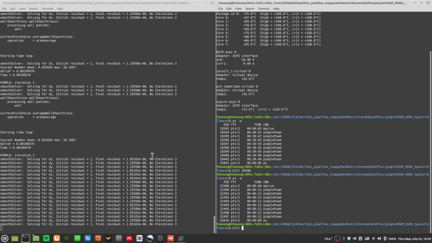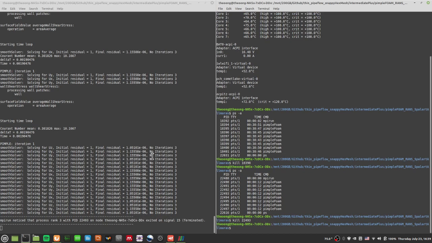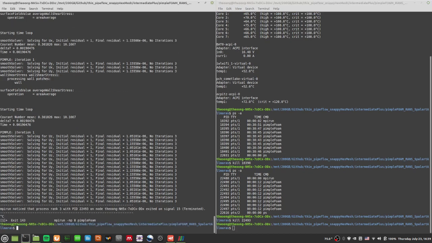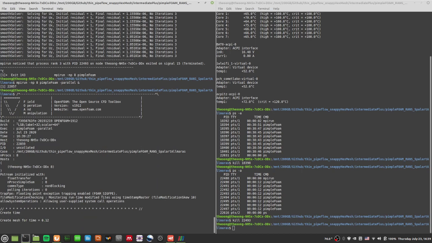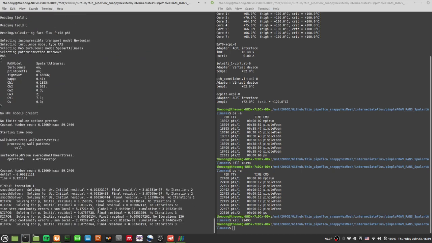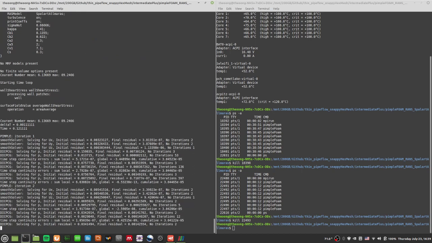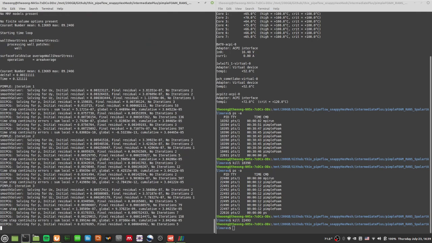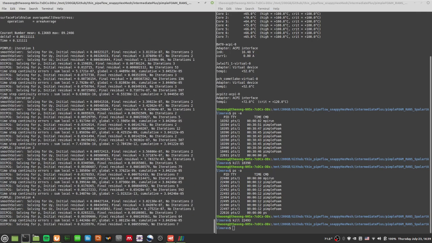I forgot the parallel. Alright, parallel, there we go. Because if you do this, you'll probably solve one of those processes at a time. Okay, hopefully this sort of helps out.